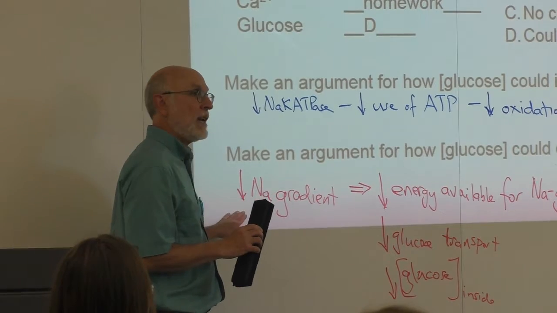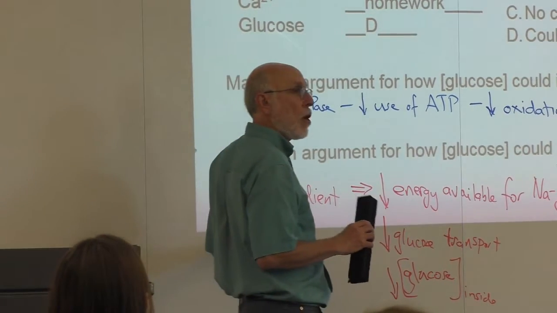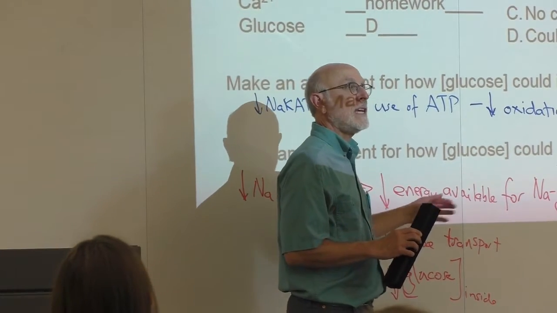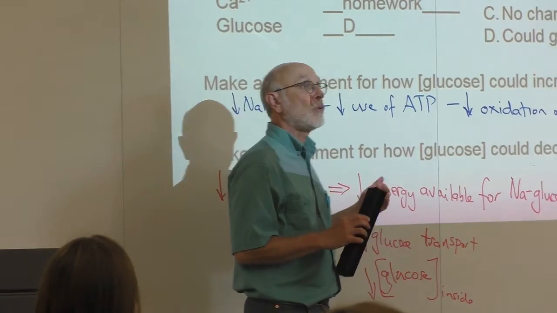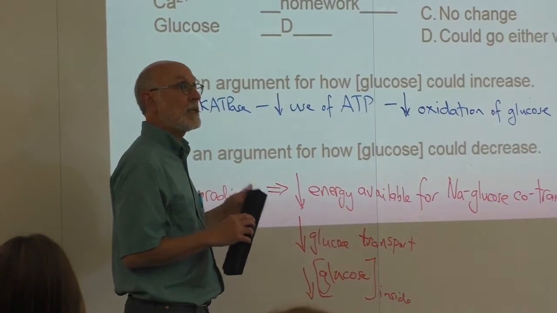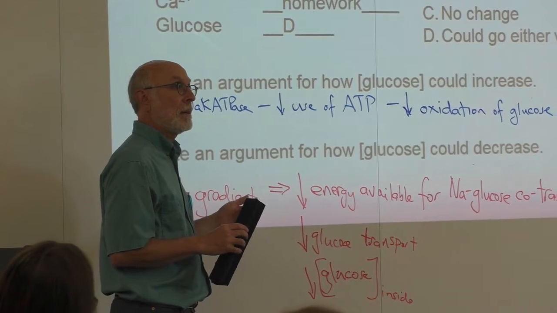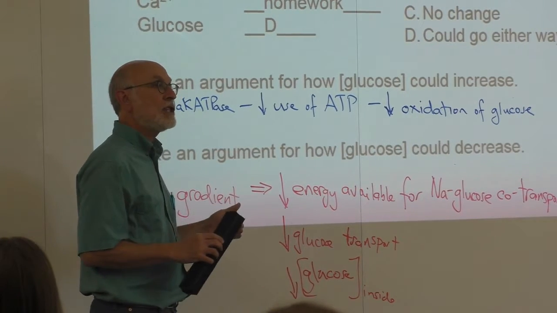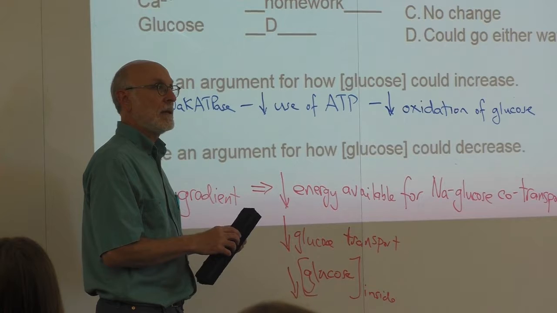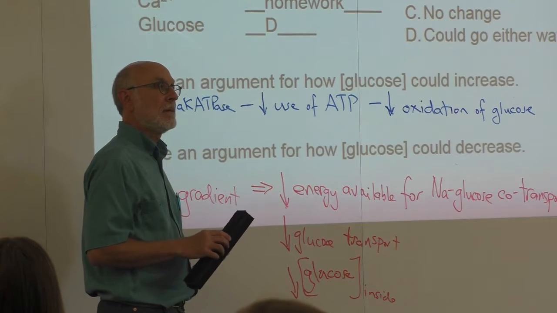So the sodium gradient provides part of the energy for glucose import. If the sodium gradient is decreased because the pump is decreased, then the energy for import is decreased. Less import, less glucose.